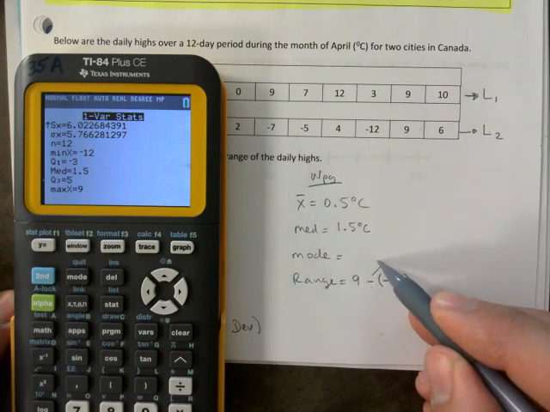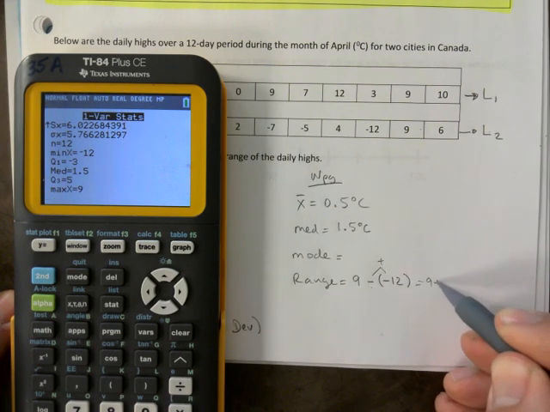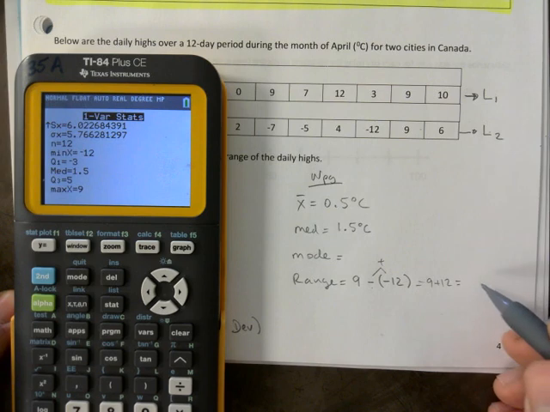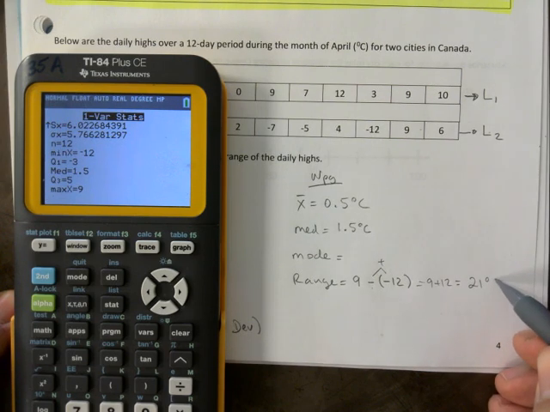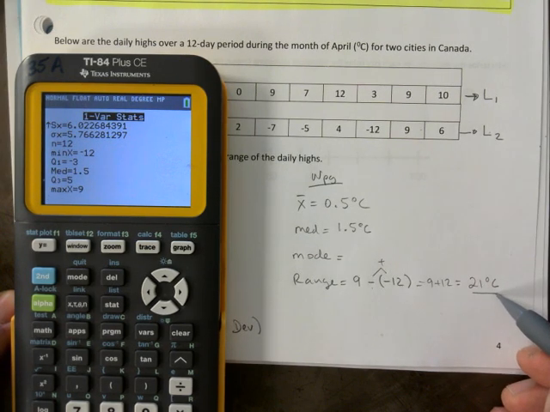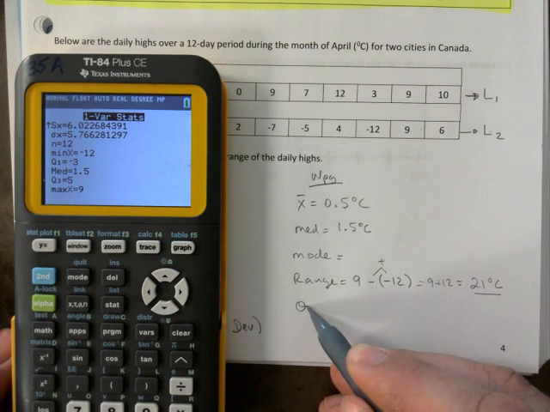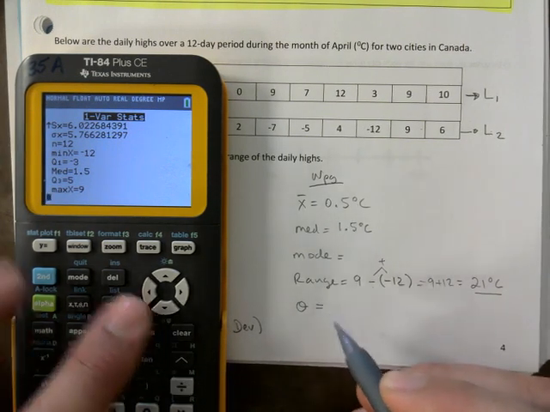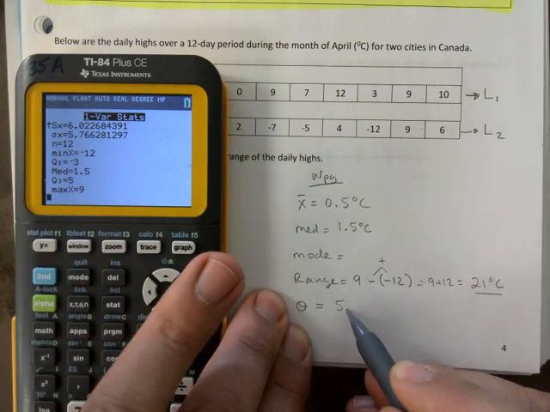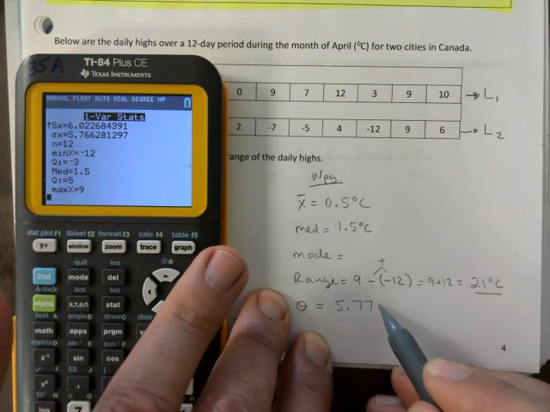This is positive, right? So this is really 9 plus 12. So there's a range of 21 degrees Celsius. From the lowest to the highest, there's a 21 degree difference. And that tells you the data is spread out way more than Toronto, right? Standard deviation, let's write that down as well. It's 5.77 degrees Celsius.